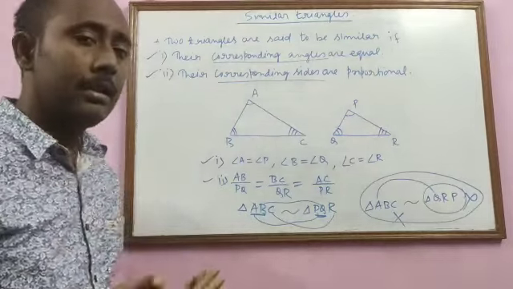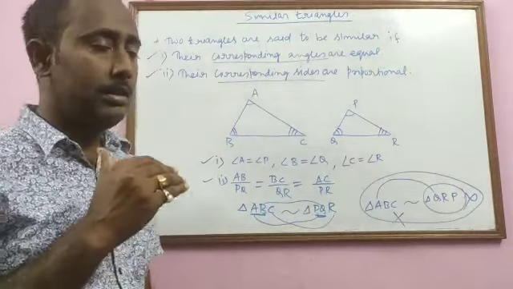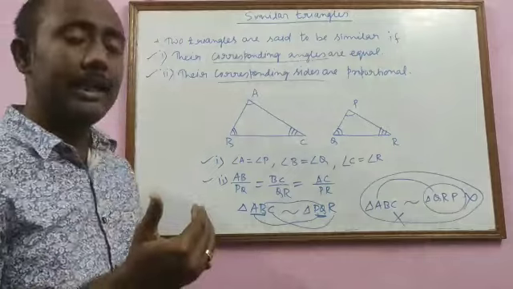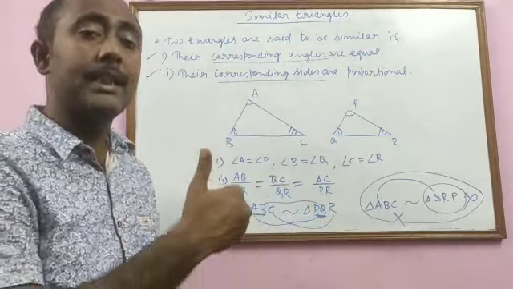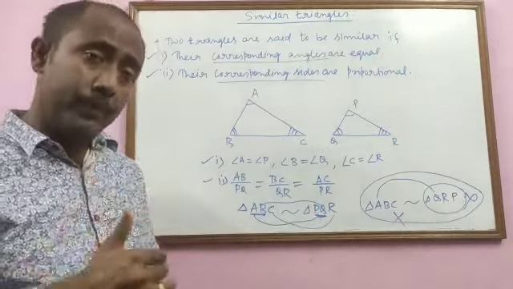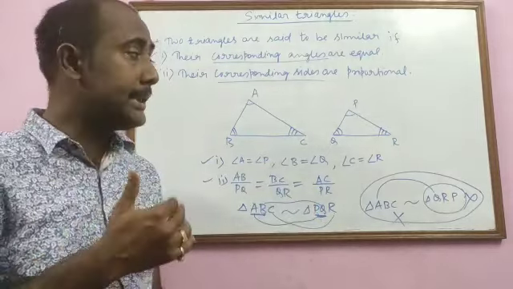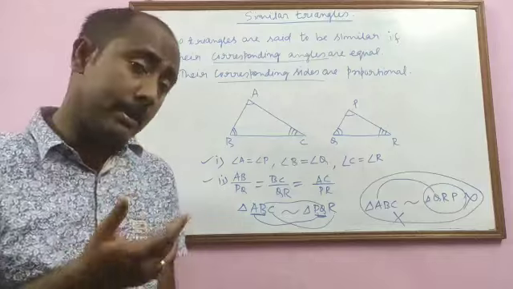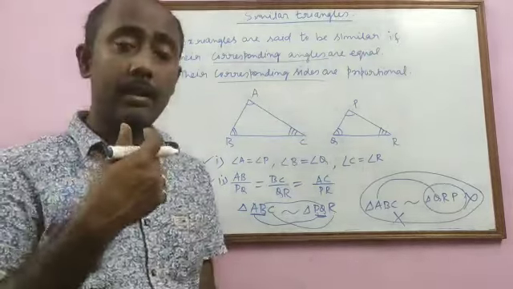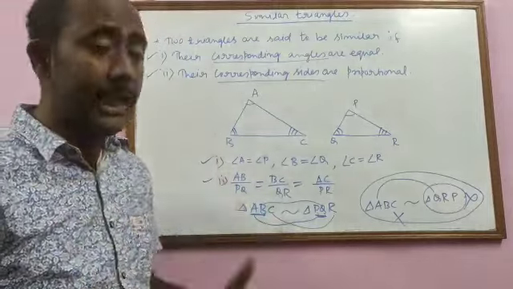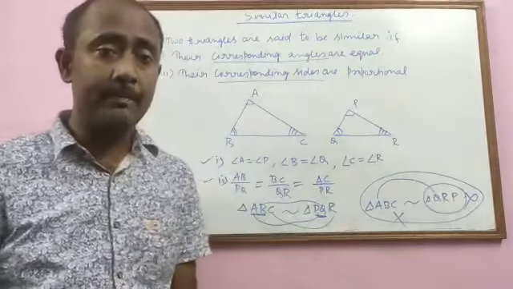By definition, two triangles are congruent if their corresponding angles and corresponding sides are equal. But do we need to prove all of these equal every time in congruency? No. Instead we were using those criteria to prove the two triangles congruent.